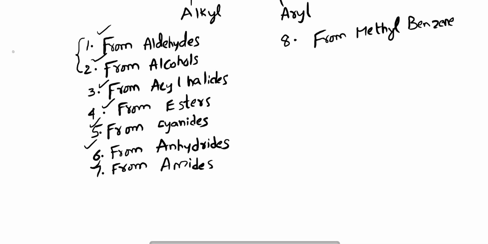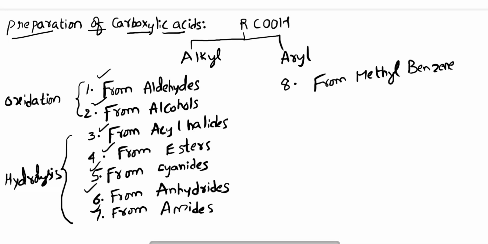From these 2 functional groups, if you want to prepare, just follow oxidation. From the remaining things, just hydrolysis. Very simple. So broadly dividing, when you're discussing the preparation of carboxylic acids, we have 2 methods. One is oxidation, one is hydrolysis. Oxidation of aldehydes and alcohols. Hydrolysis of acyl halides, esters, cyanides, anhydrides, amides. You can mix all these things into one category. So for preparation of carboxylic acids, we have only 2 methods.